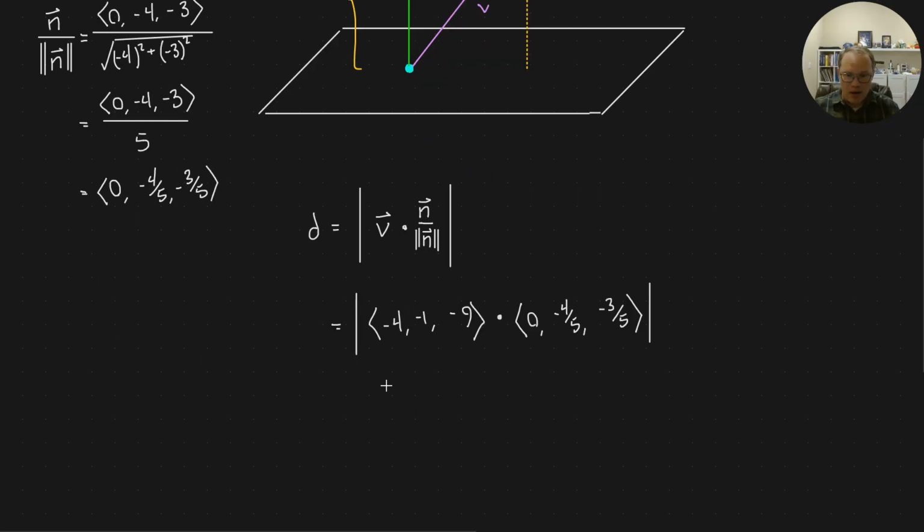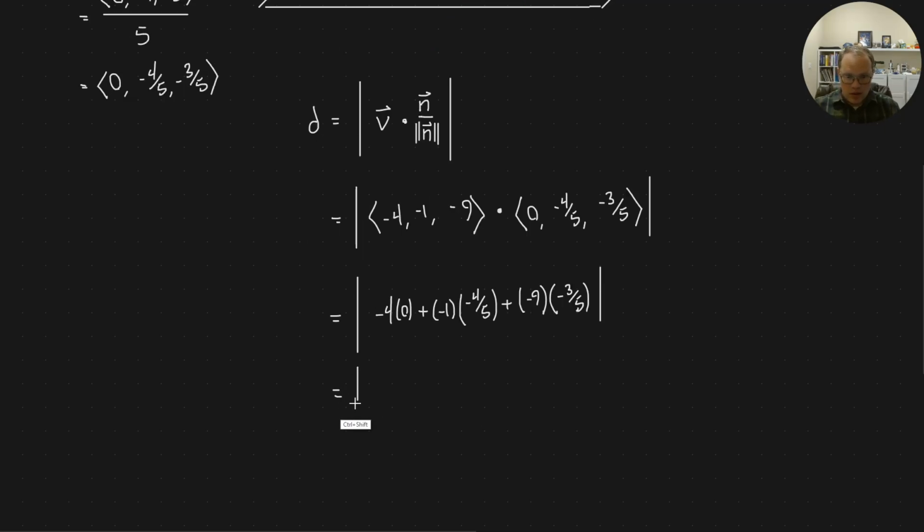If I take the dot product, first component times first component plus second component times second component plus third component times third component. -4 times 0 is 0, that just goes away. -1 times -4/5 is +4/5. -9 times -3/5 is +27/5.